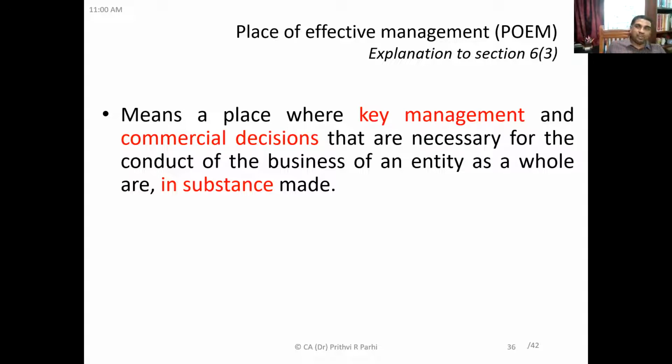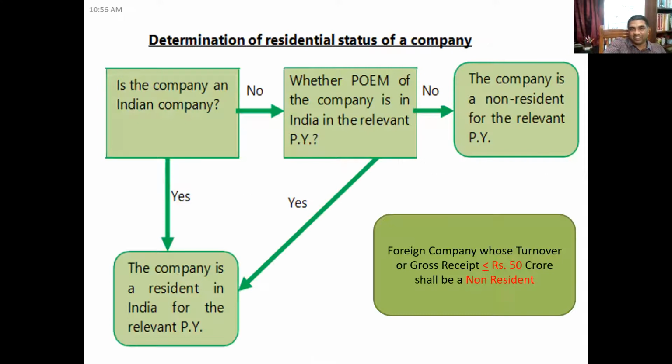So you can consider the minutes of the board, where board meetings are held, where key management decisions are taken, where some commercial decisions, maybe some committee decisions, are taken. That place can be referred to as the place of effective management, and it has to be taken in substance. On that basis, you have to see whether the company is resident or not.